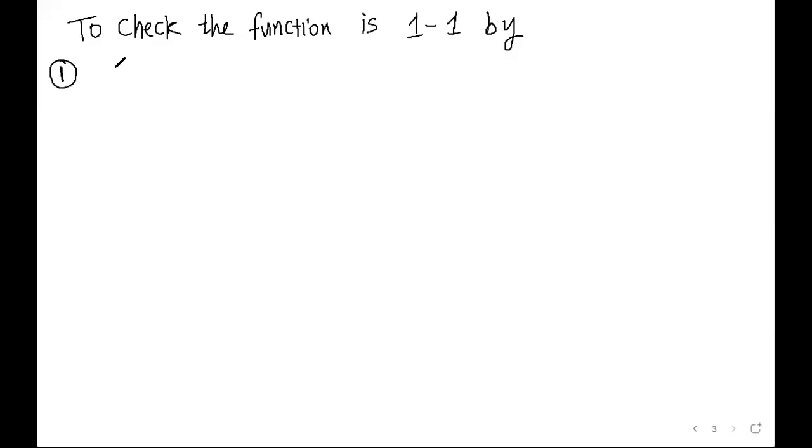First one is the definition. And the definition says, if I have 2 points, if f of x1 equal f of x2, then I have to check, is x1 equal x2? If x1 equal x2, then the function is one-to-one.